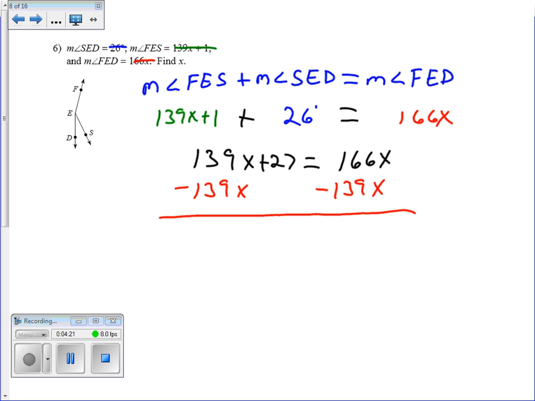And you get 27 equals 166x minus 139x gives me 27x. Divide each side by 27. And x is equal to 1.